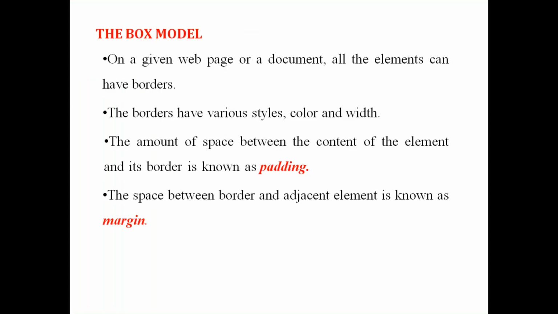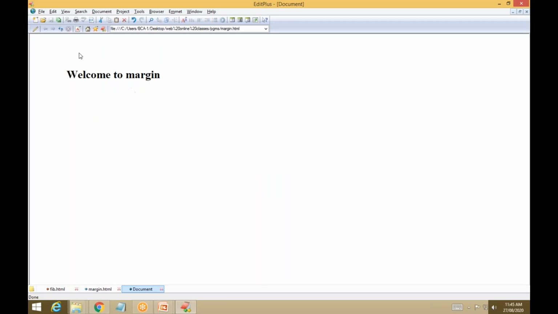Now the box model. Okay, what do you know about the box model? See, whenever you are using text inside the browser, every element, it may be h1, paragraph, marquee, whatever it may be, the HTML tags. Every HTML element has margin, padding, spacing, border color.